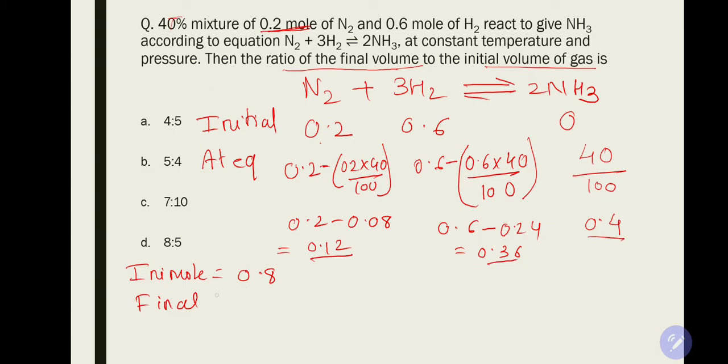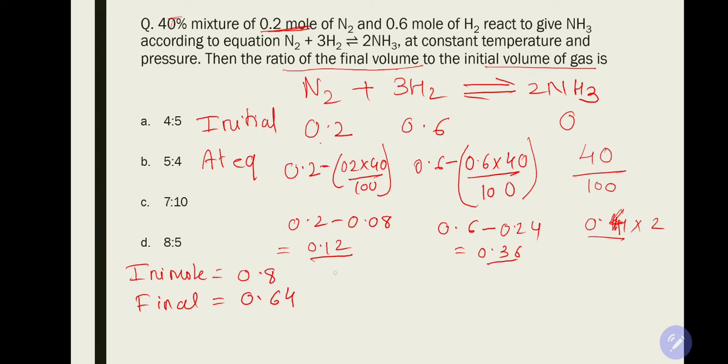So that is 0.12 plus 0.36 and 0.4. This is 2, so you have to multiply it, 0.4 into 2. And what is the final mole then? It will be 0.6. Add them, you will get the answer 0.64.